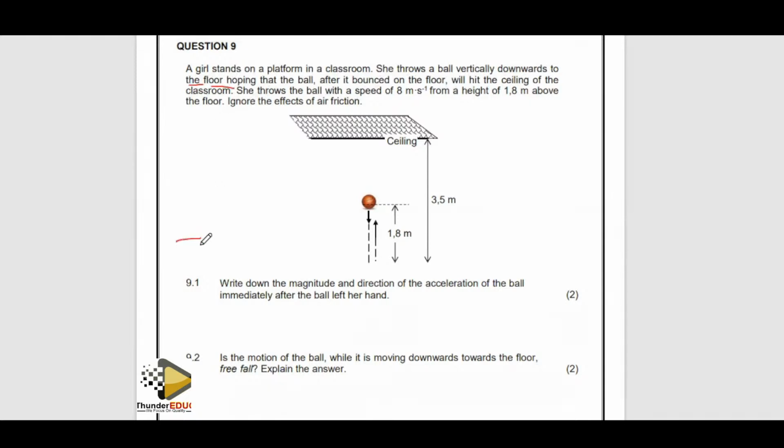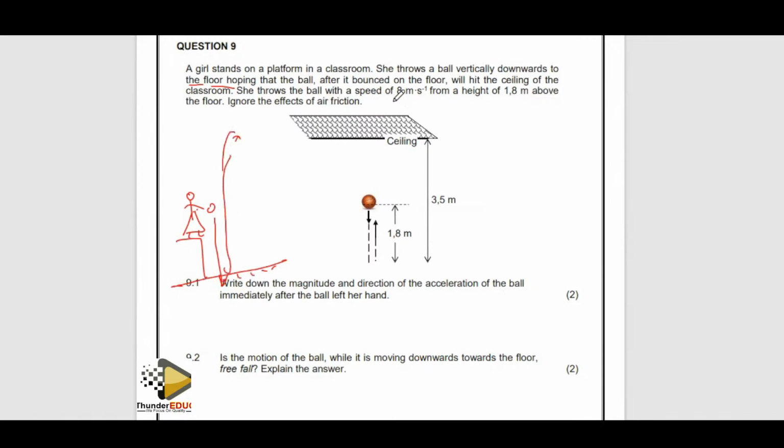So this girl is standing somewhere here. I don't know how to draw girls. She throws the ball to the ground, hoping that after it bounces from the floor, it would hit the ceiling. Okay, then it's making sense.